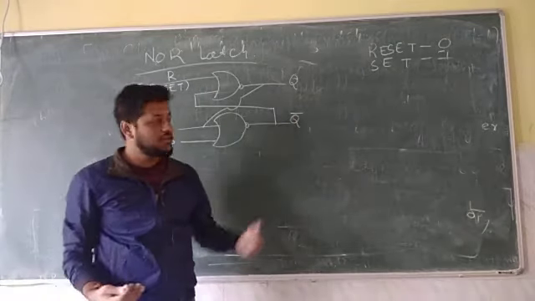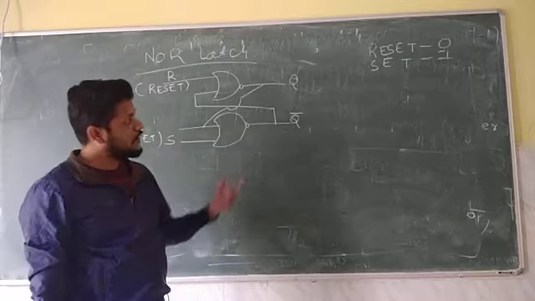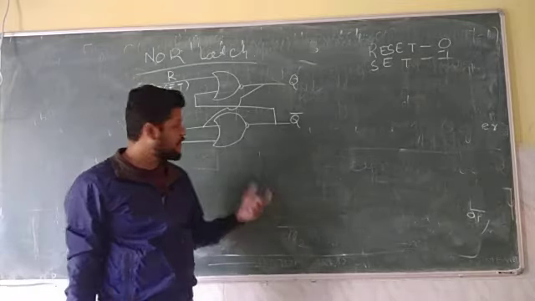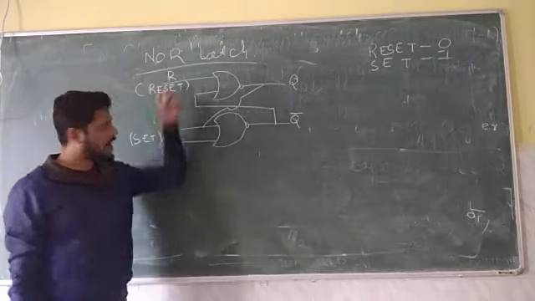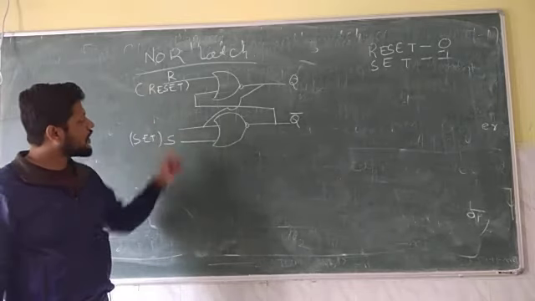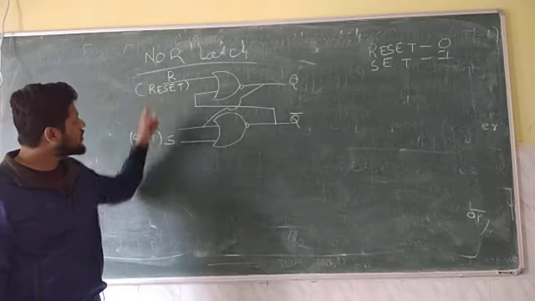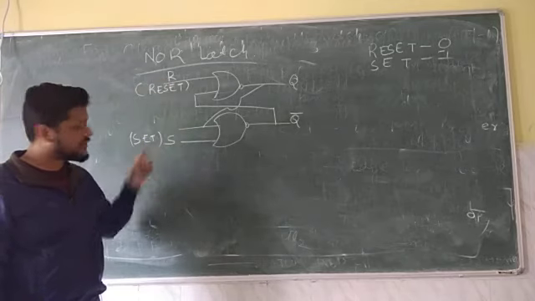Here we take these as variables denoted as R and S. We could take them as A and B, whatever, but in general notation we have RS, where R stands for reset and S stands for set.